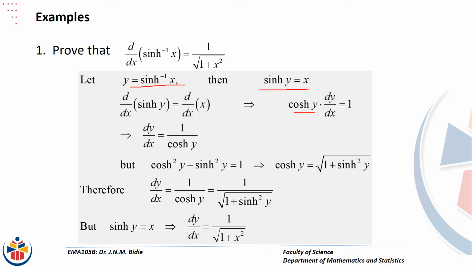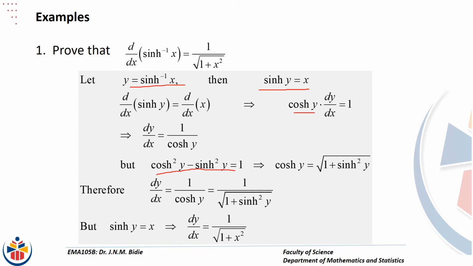Then we use an identity that is appropriate, because remember we had said x is equal to sinh y, so our expression for cosh must have sinh. Then we use the identity cosh squared y minus sinh squared y is equal to 1 and make cosh y the subject. And then we substitute.